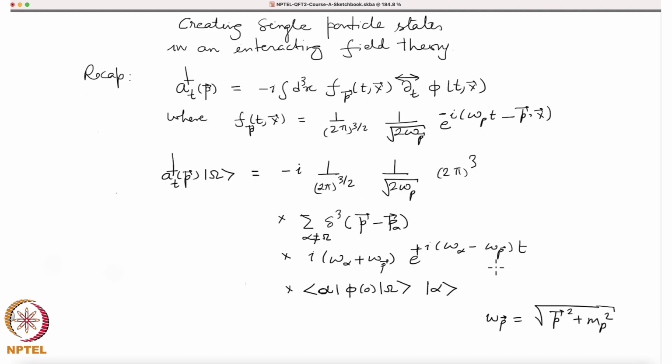Here we have this term. Now I want to get rid of all the multi-particle states, and actually I can do so by playing with this t. I will choose a t such that this exponential factor provides the damping and kills the entire contribution.